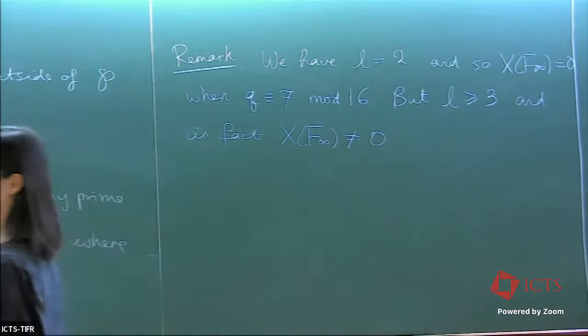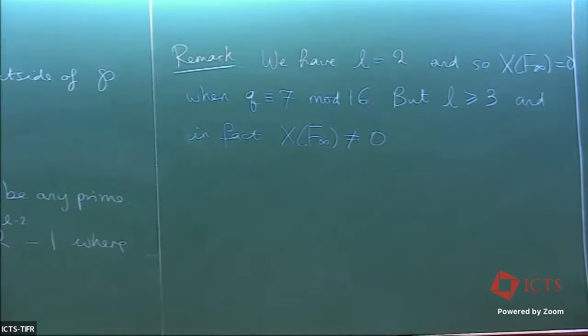Just to make sure I understand, I think you can rewrite the definition of L referring only to integers by saying it's the order at 2 of Q plus 1, all minus 1. Sorry, can you say that again? L is also equal to the order at 2 of the integer Q plus 1 minus 1. Because you can take this number and multiply it by its conjugate, which is going to be almost coprime to P. It'll just have a single factor of P, and then take the order at 2.